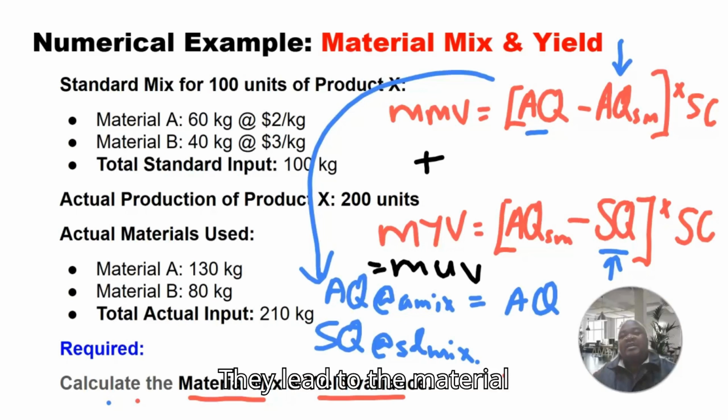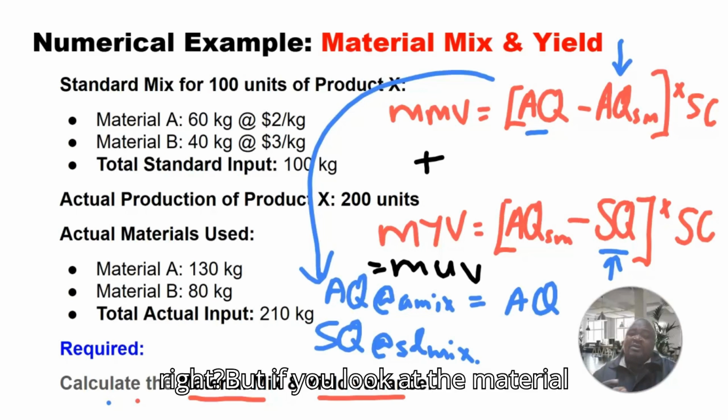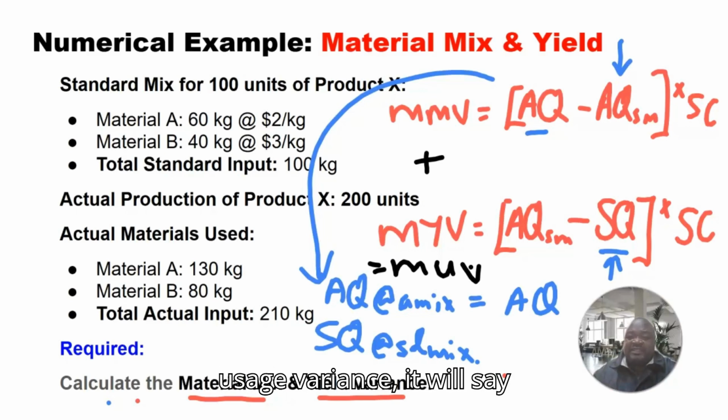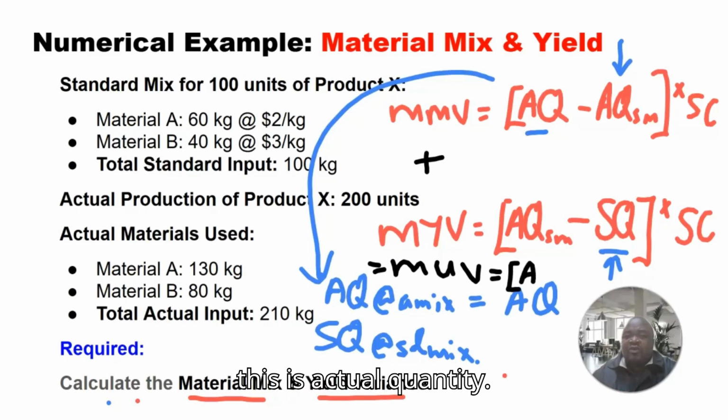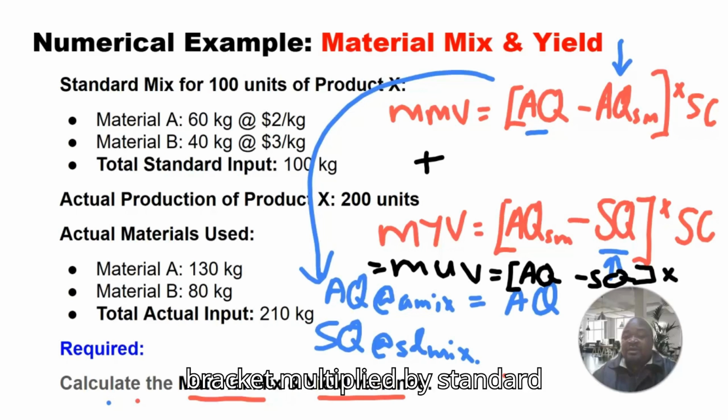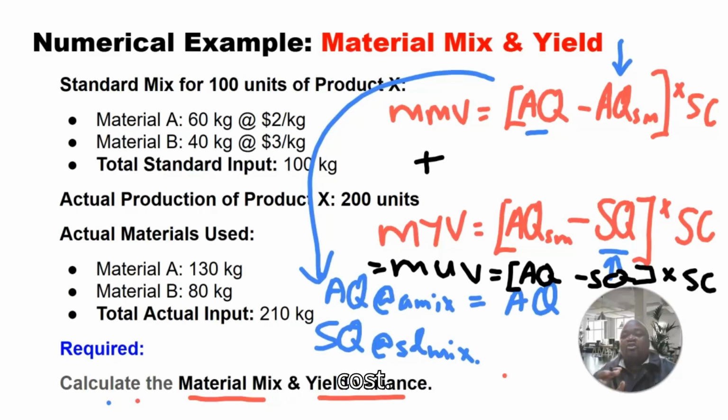They lead to the material usage variance, right? If you look at the material usage variance, it is actual quantity minus standard quantity, close bracket, multiplied by standard cost.